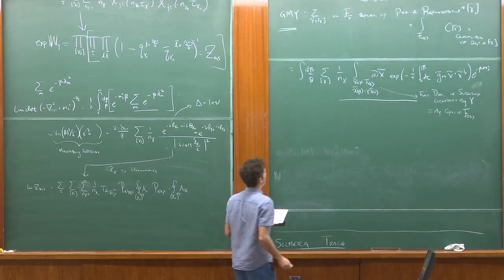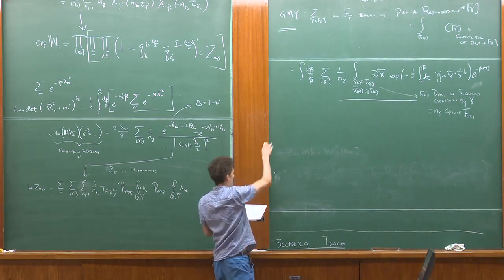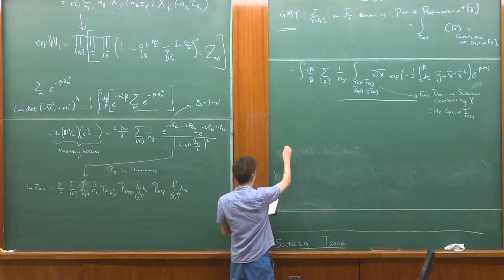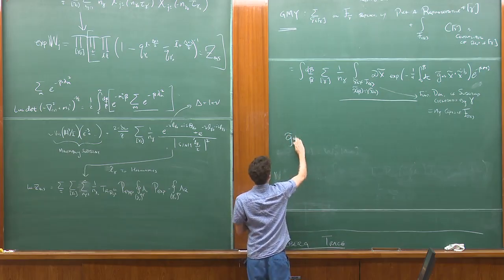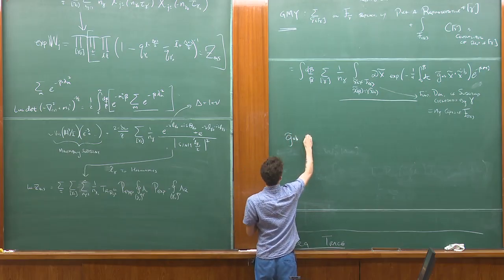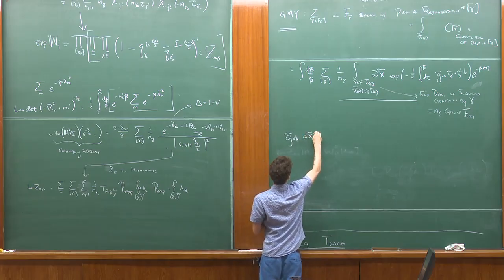Okay, so on each one of these terms in the sum, we can choose a hyperbolic metric that looks like thermal AdS.